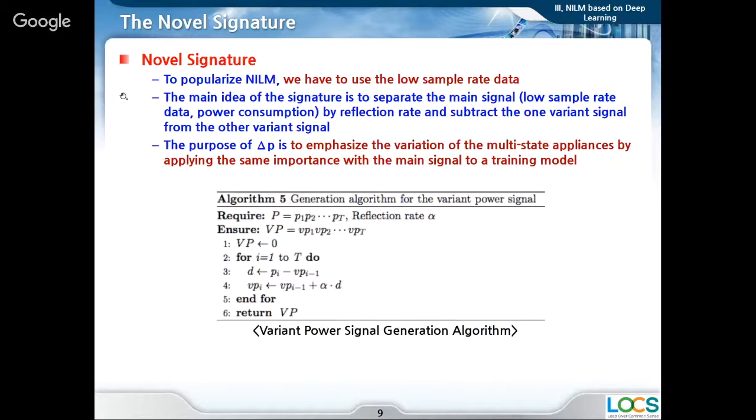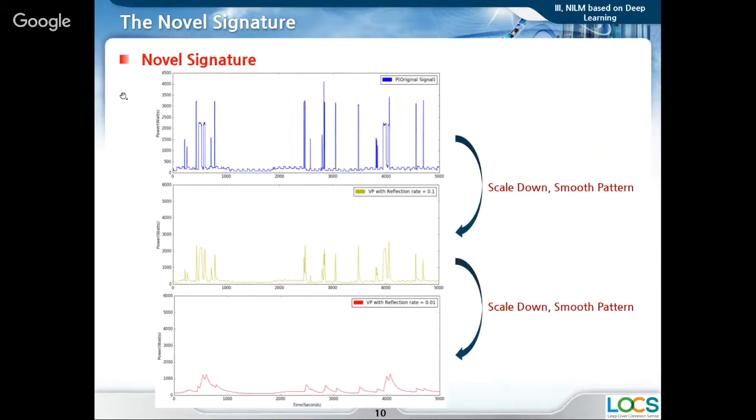So let's check the effect of the reflection rate. Here are three graphs. The first graph is the original power signal, and the second graph is a variant power signal when we set the reflection rate to 0.1, and the third one is also a variant power signal when we set the reflection rate to 0.01.